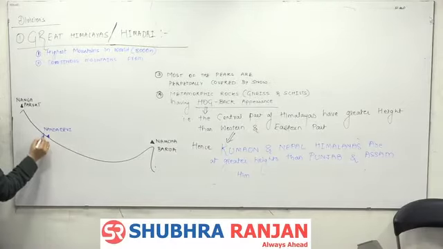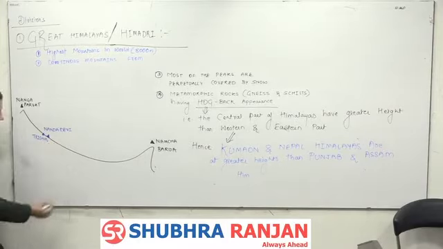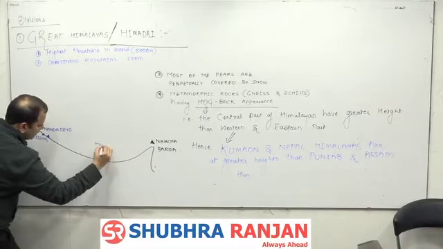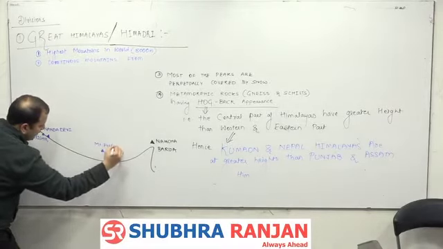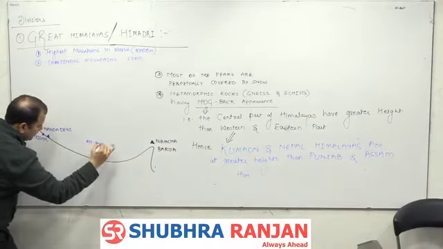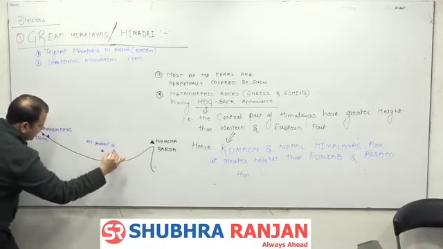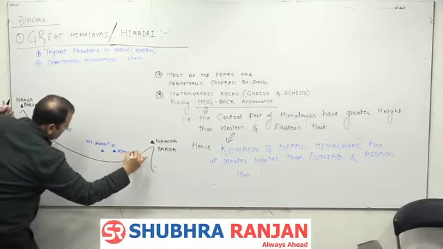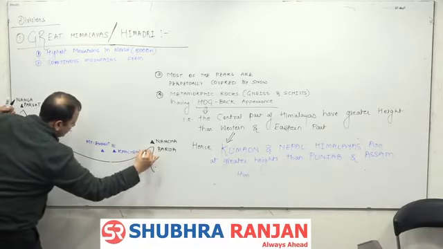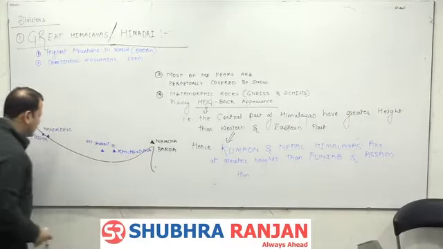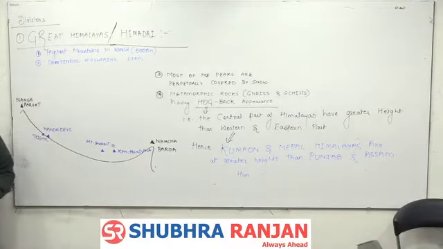Nanda Devi, Trishul, Mount Everest, and what? Kanchenjunga. Kanchenjunga, Sikkim. Nanda Devi and Trishul, Uttarakhand.